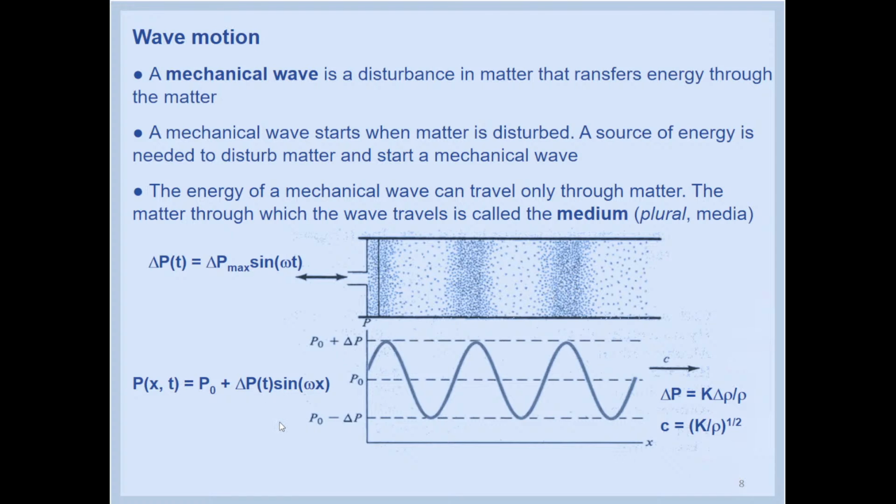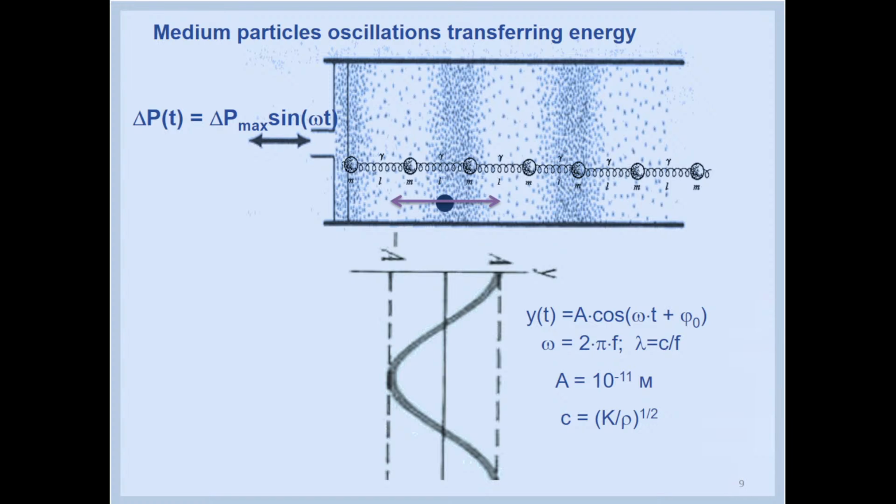So, when we continue to observe the motion of the piston, we can see that these areas, rarefaction and compression, are going through the air in the cylinder with a particular velocity. And let's look at this process from one point of view. Look here. These are particles of the air.